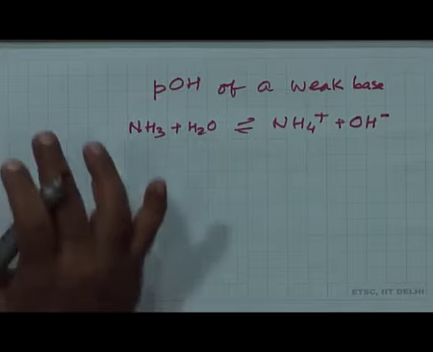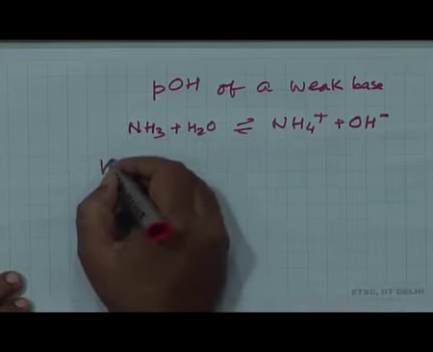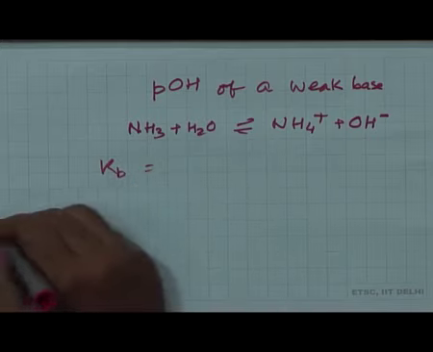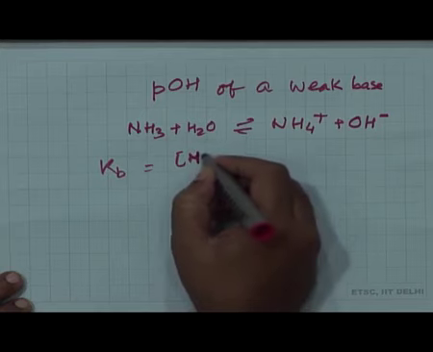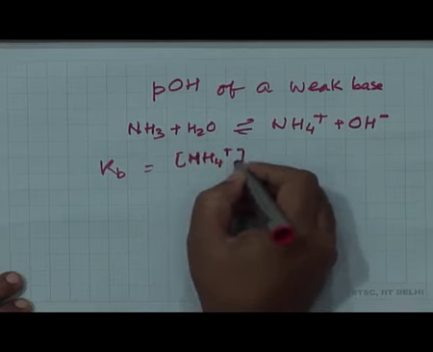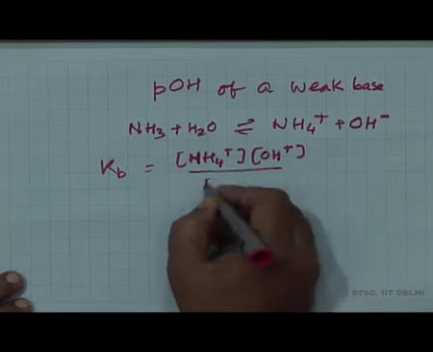So, pOH of weak base is given by Kb is equal to NH4 plus into OH minus by ammonia.